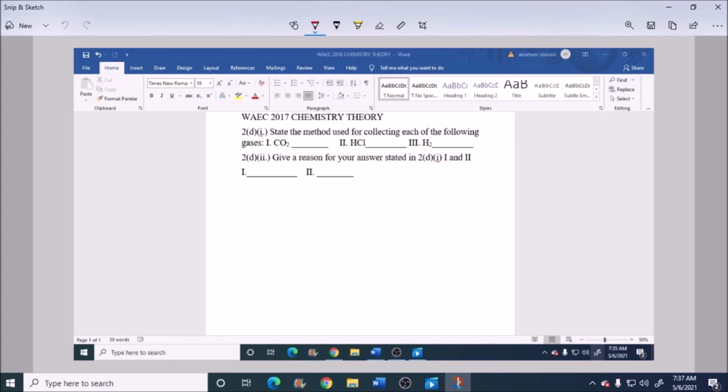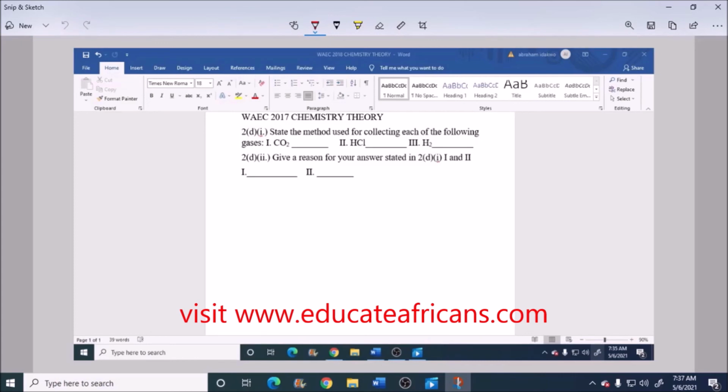Then 2D Roman figure 2, we have to give the reasons for our answers in 2D Roman figure 1. The reason for having carbon dioxide and hydrogen chloride collected by downward delivery or upward displacement of air is that carbon dioxide is heavier or denser than air.